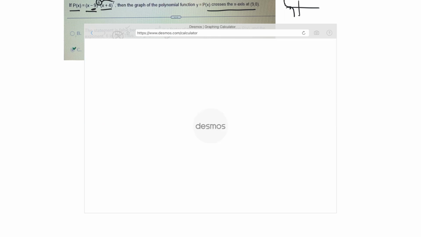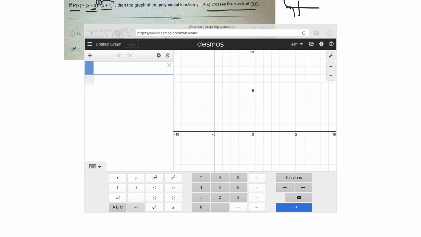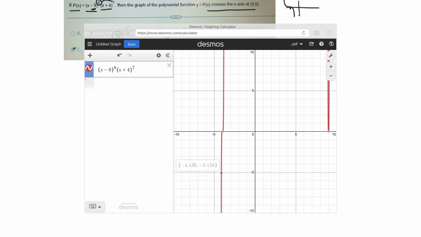Desmos.com graphing calculator. So we have bracket x minus 9 bracket to the 6th, over bracket x plus 4 bracket to the 7th. Okay, so let's take a look at the graph.